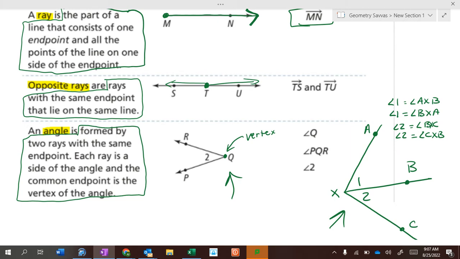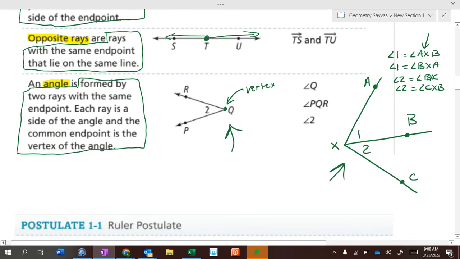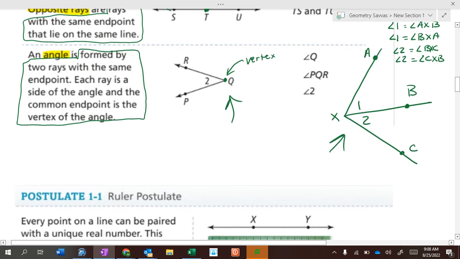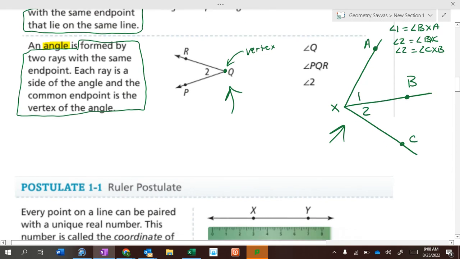So if you call it angle X, who knows which angle you're talking about? Here, angle Q, you can call it angle Q because there's only one angle there. But here, there's 3 angles, so you just can't call it angle X. That's why we have to use 3 letters. So be careful when you're naming angles that the vertex is always the middle letter, okay? And you use 3 letters if there's more than one angle at a point.